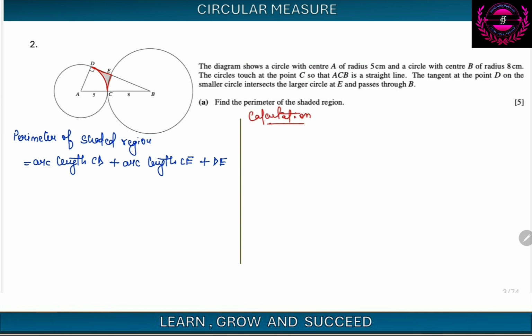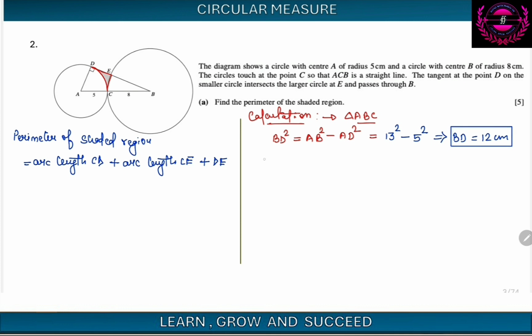Calculating the length of DE is very easy. In triangle ABD, using Pythagoras theorem, BD square is AB square minus AD square, which is 13 square minus 5 square. So I can find the length of BD as 12 centimeter.